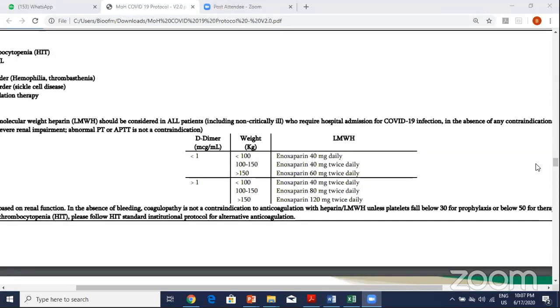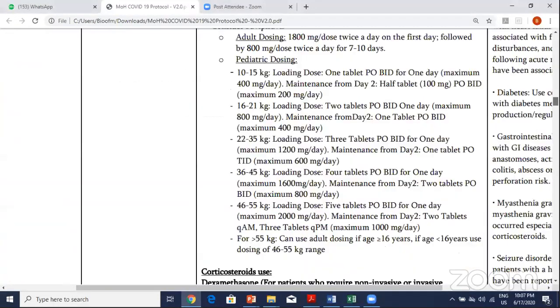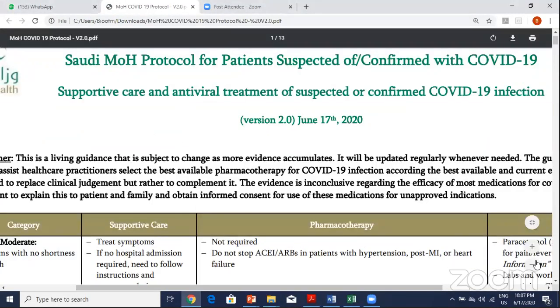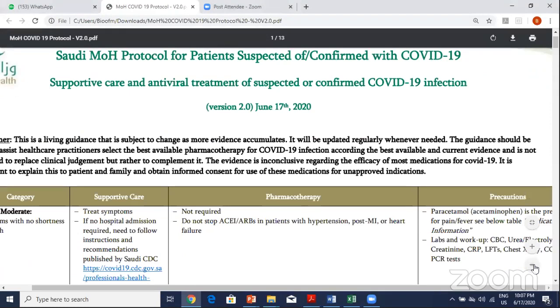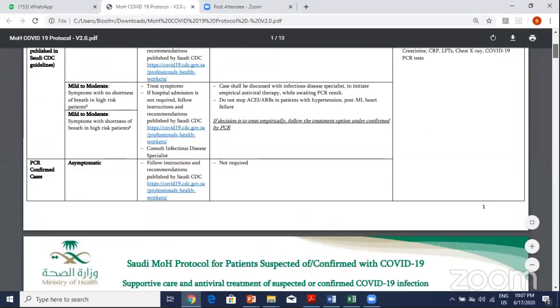Okay, this is the MOH protocol regarding anticoagulation. I will go through the last thing in my lecture. I will go quickly through the protocol regarding the medications.